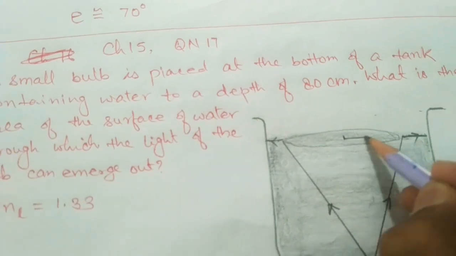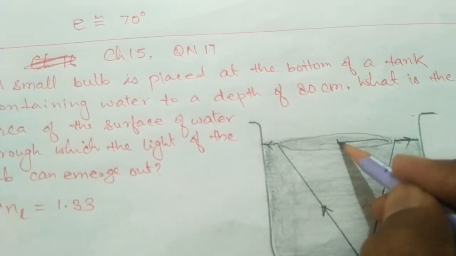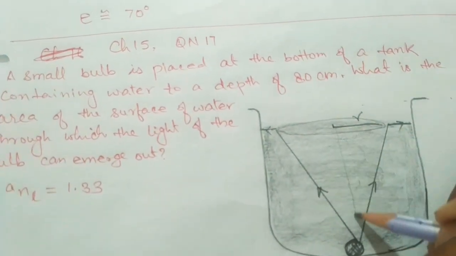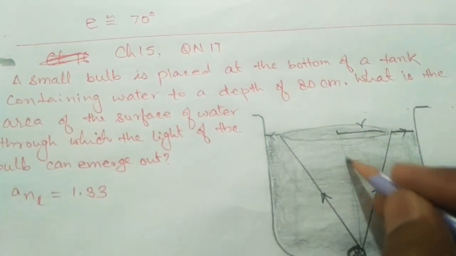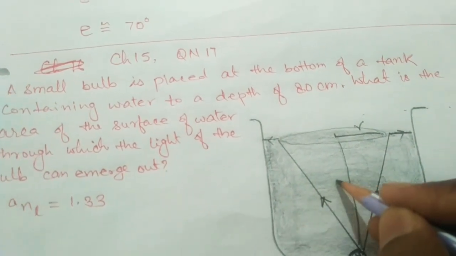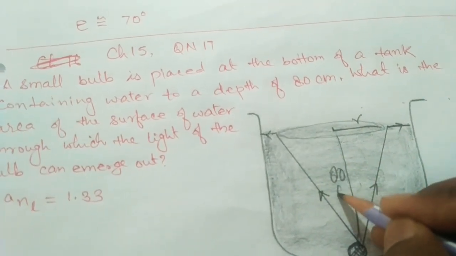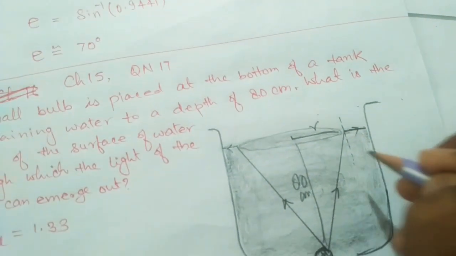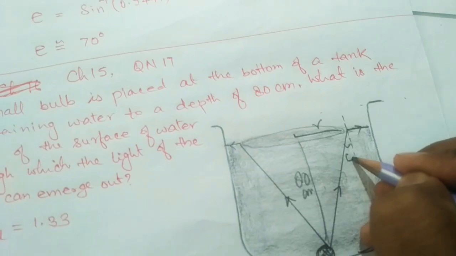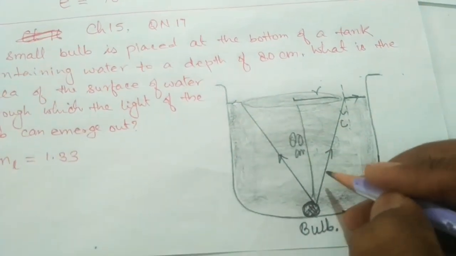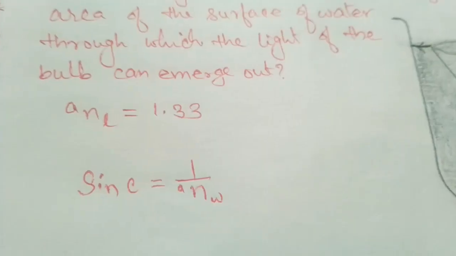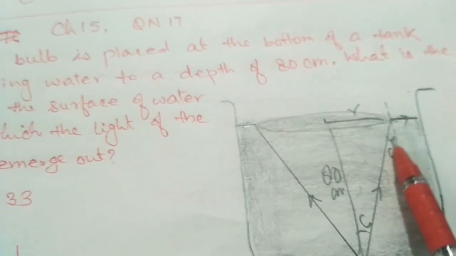Let the radius of this circle, or the disk, or you can say the surface, be R, and the height according to the question is the given 80 centimeter depth. Since it is grazing, this will be the critical angle, and due to the alternate angle property, this will also be C. Using the critical angle property, as the light is just grazing the surface, sin C is equal to 1 upon the refractive index. The refractive index of water here is 1.33.